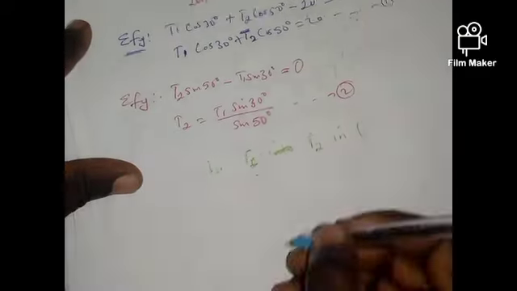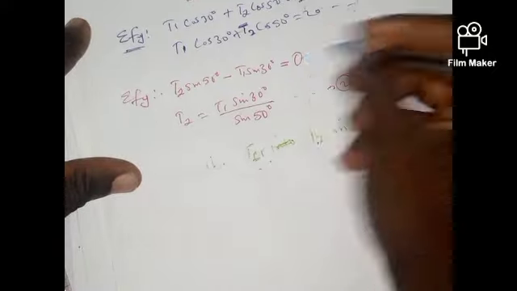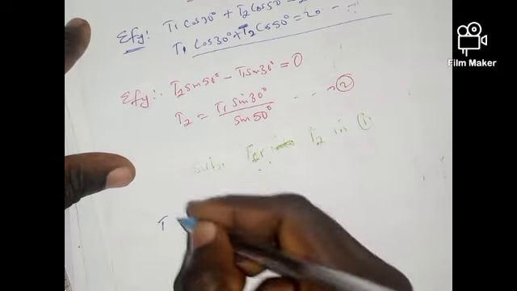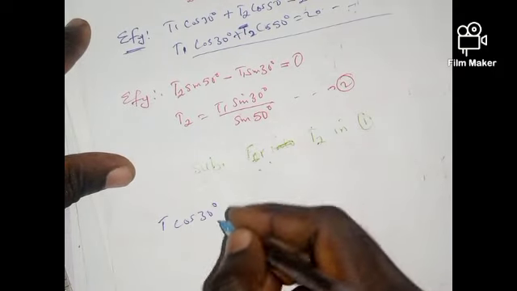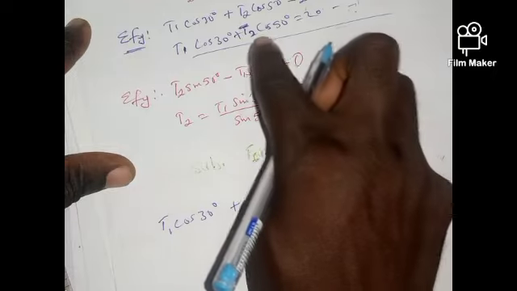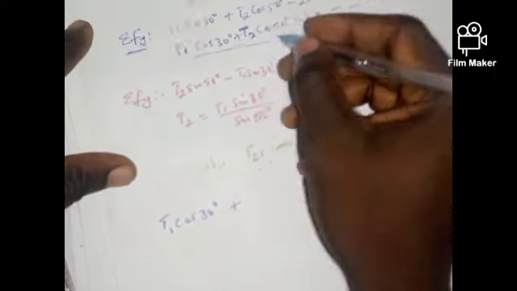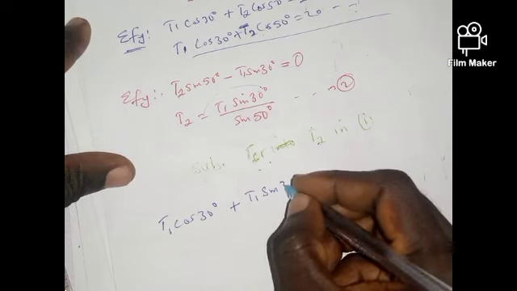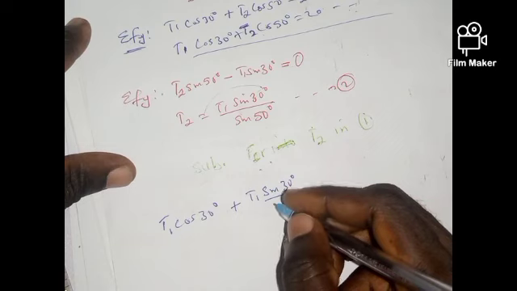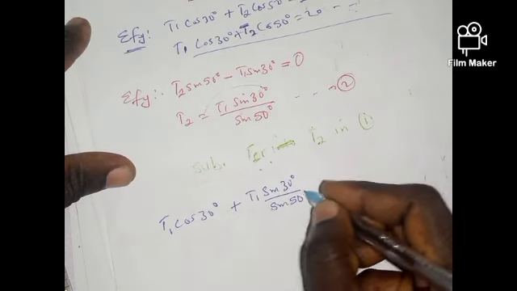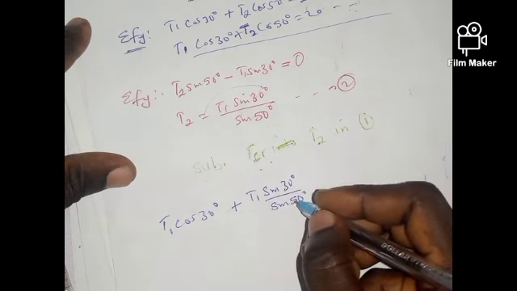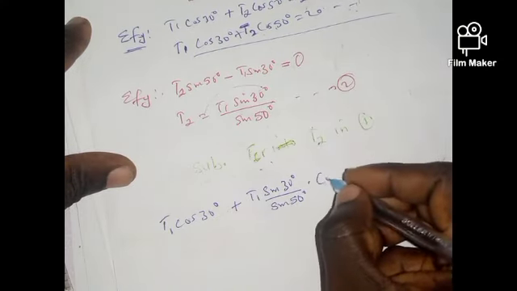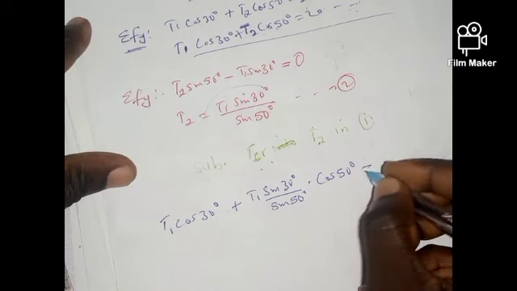So from equation 1, I'm going to have T1 cos 30 degrees plus, instead of T2, T1 sine 30 degrees divided by sine 50 degrees. Are we following? Times cos 50 degrees equals 20.